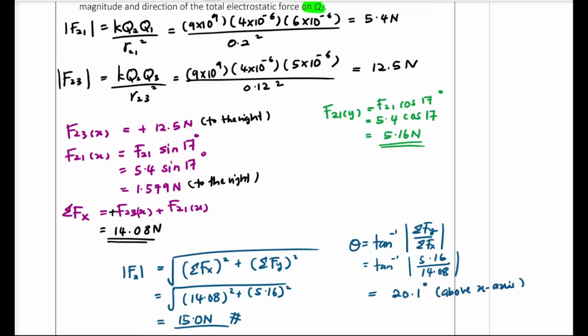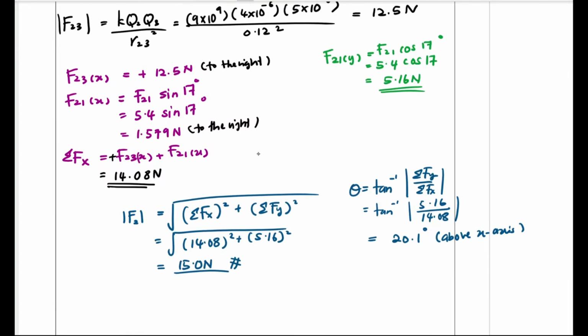If many of you still don't know how you get above positive x-axis, remember the total Fy we got is positive, right? This is positive, so upward. Total Fx is also positive, so to the right. So the resultant force F2 is in this direction.